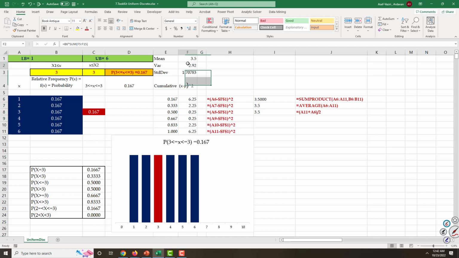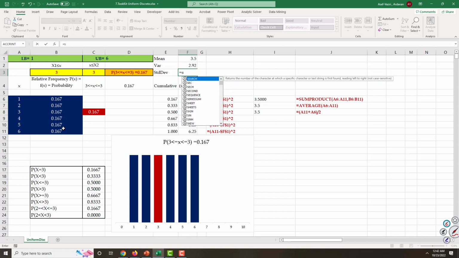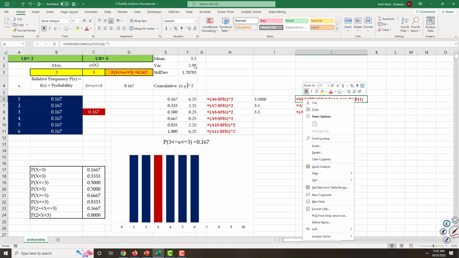And then we multiply each value by its corresponding probability, and that is the variance, and the standard deviation is the square root of variance.